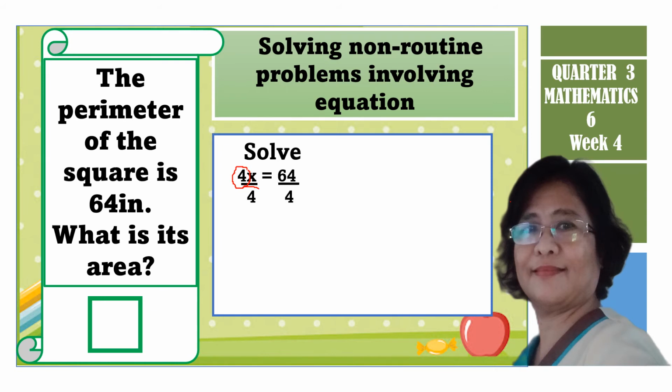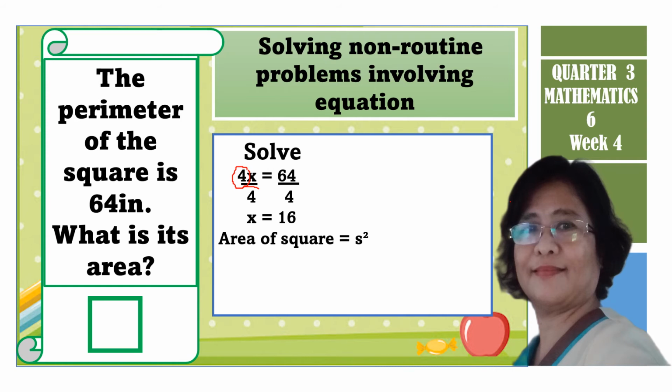Okay. So 4x divided by 4, so cancel, 4 divided by 4 is 1. Ang natira na lang ay x. Then 64 divided by 4, the answer is 16. So x now is 16. So this is the first step. The second step is to find the area of the square.